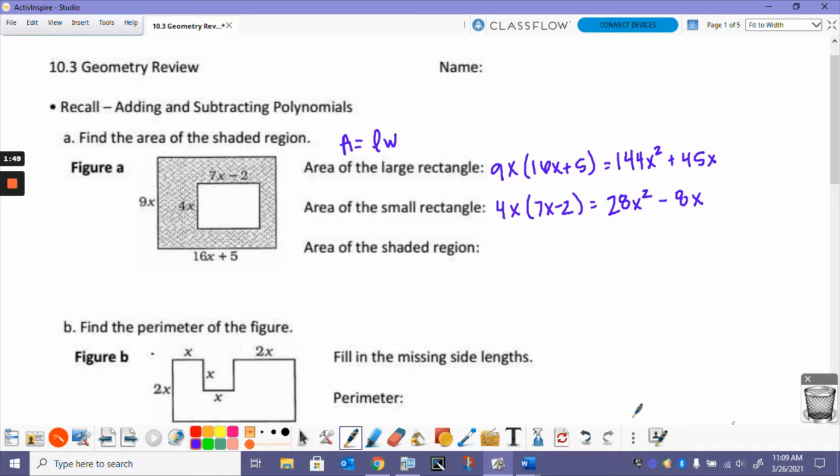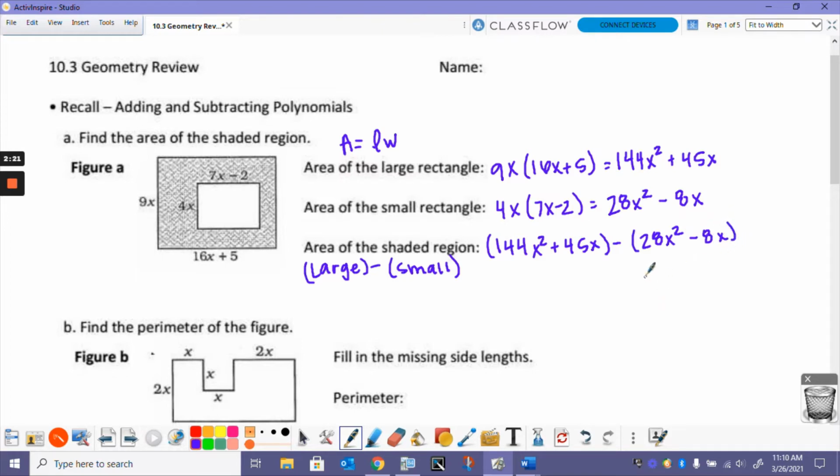All right, so once we have the area of both the large and the small rectangle, to find the area of the shaded region, we're going to do the area of the large minus the area of the small. Right? And it's important that you put these in parentheses or you will not change the signs the way that you're supposed to. Minus goes in between, and then 28x squared minus 8x.